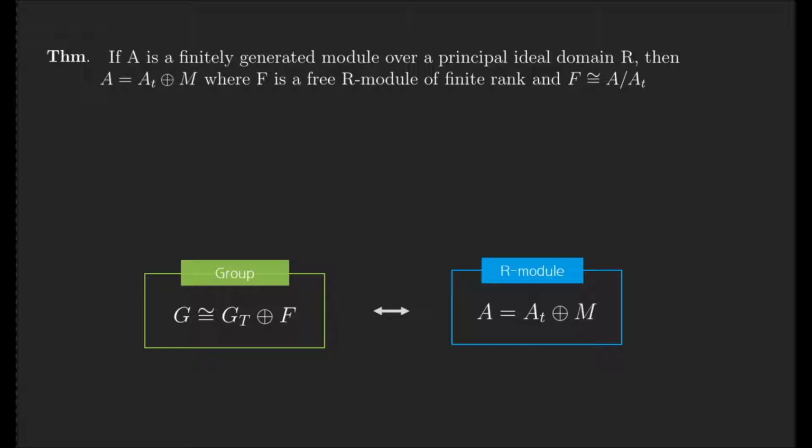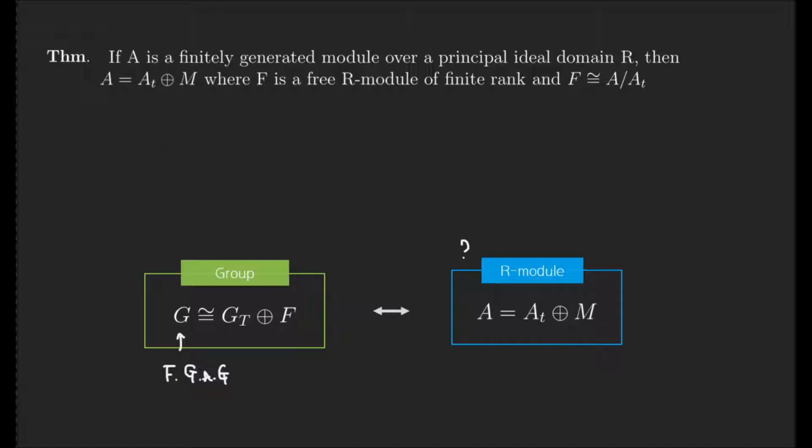I said every finitely generated Abelian group is always decomposed into a torsion subgroup part and a torsion free part. Then I questioned in the first slide when a module is decomposed into a torsion submodule and a torsion free part.